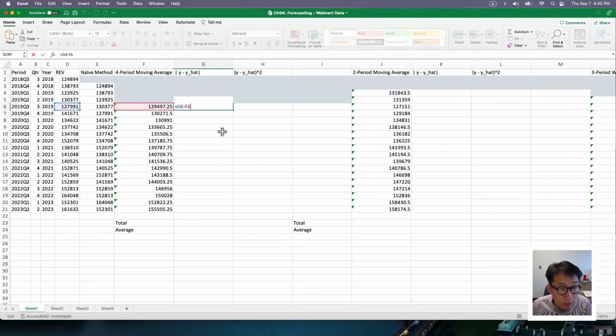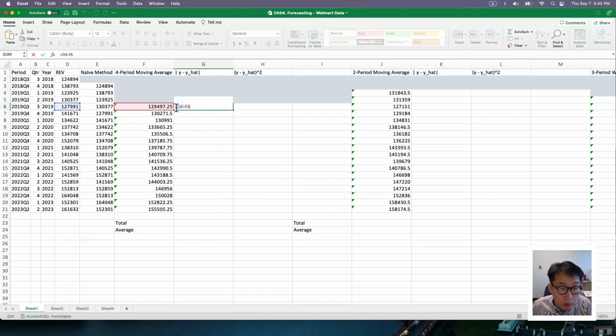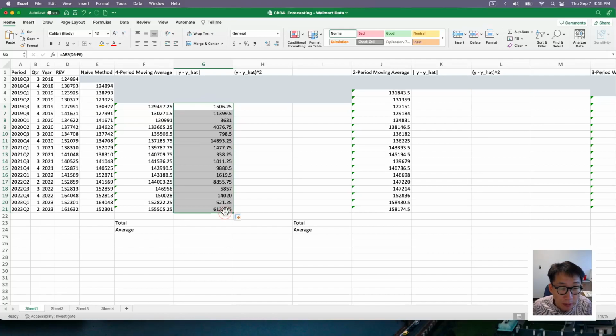So in this case, obviously, you have over forecasted your revenue, where your prediction is higher by 1506. But you're not just merely taking the differences. You'll be taking the absolute value of the differences, so that everything in this column will be a positive number.